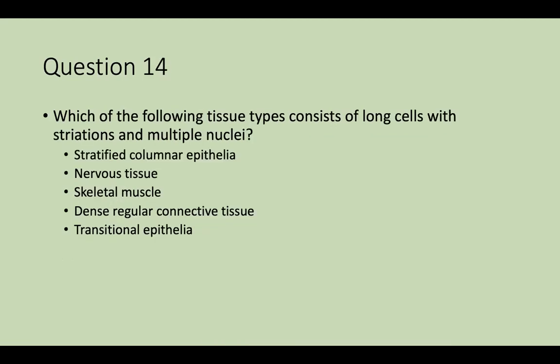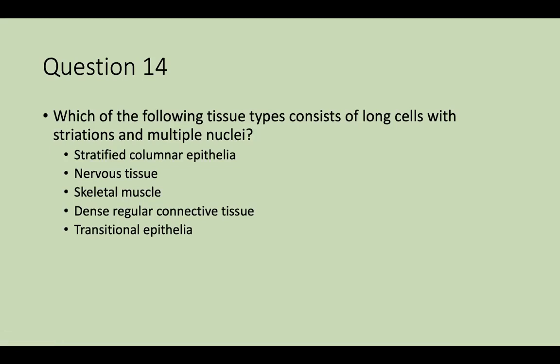Here's an example of a word description where you should be able to pick out what kind of tissue it is. Which of the following tissue types, this is actually multiple choice, consists of long cells with striations and multiple nuclei? The only long cells we looked at were muscle cells. All the others are very normal kinds of cells.